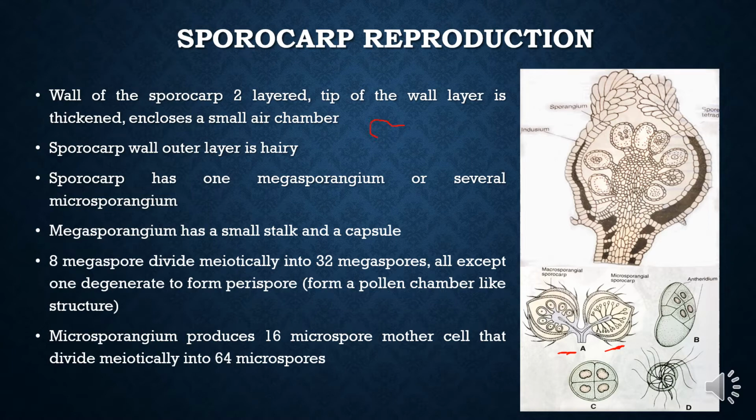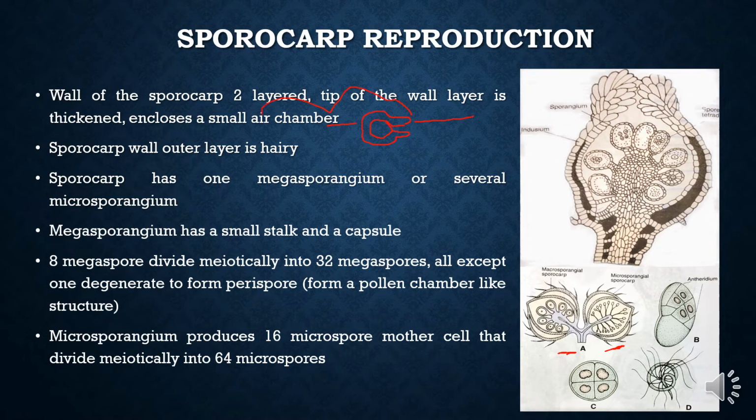Once the megaspore has formed the archegonium, it floats on the surface of the water body in a horizontal position. So this is the water surface, and the megaspore, that is the archegonium, is floating.